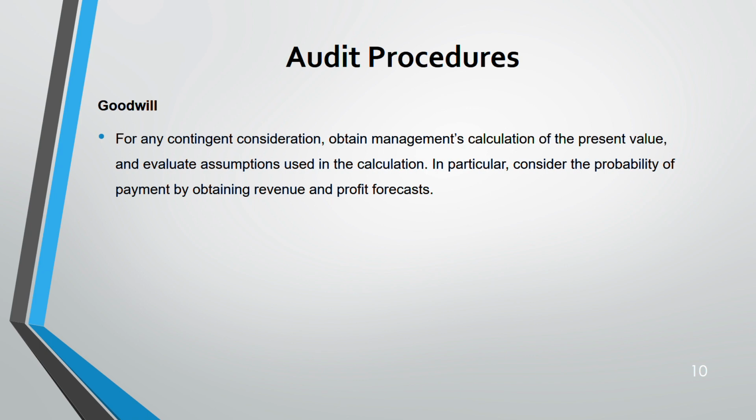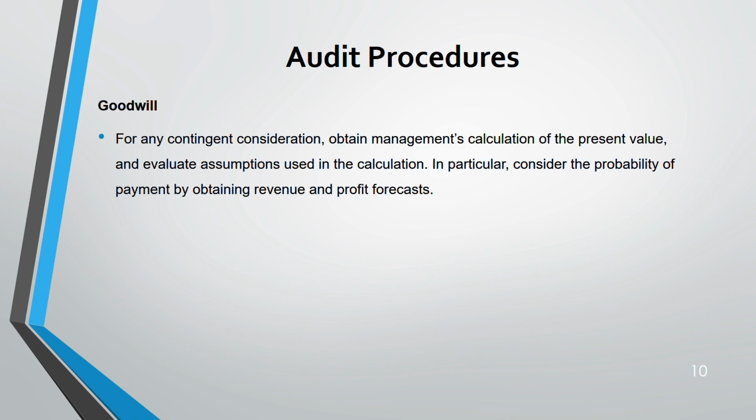What if your consideration to acquire is contingent on some condition? Contingent is something based on some condition that is going to take place in the future. That's why you need to calculate the present value of that consideration. In calculating present value, you must have used some assumptions. Evaluate those assumptions.